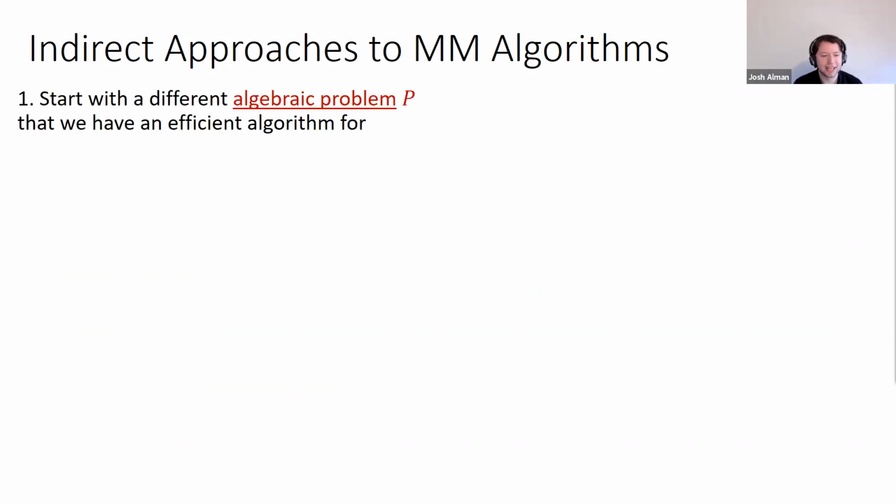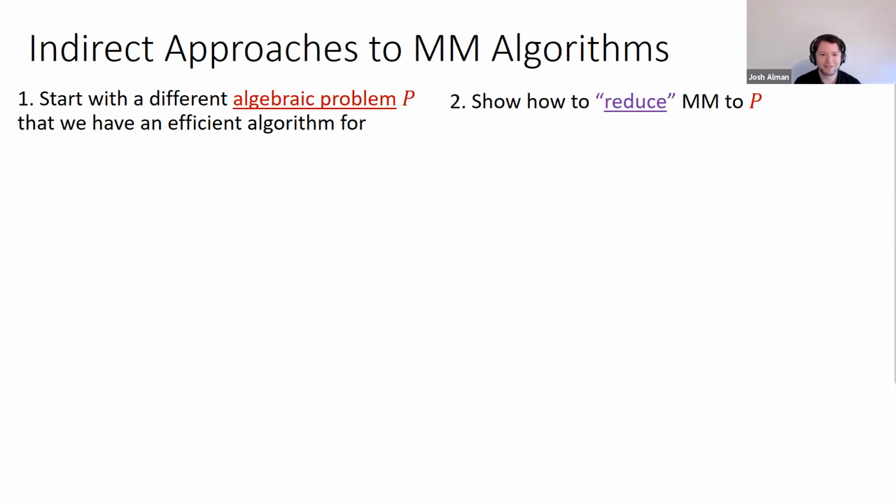The first is that you start with a different algebraic problem P, other than matrix multiplication, that we have an efficient algorithm for. So you start with a different problem that we know how to solve quickly. And then you show how to reduce matrix multiplication to your problem.